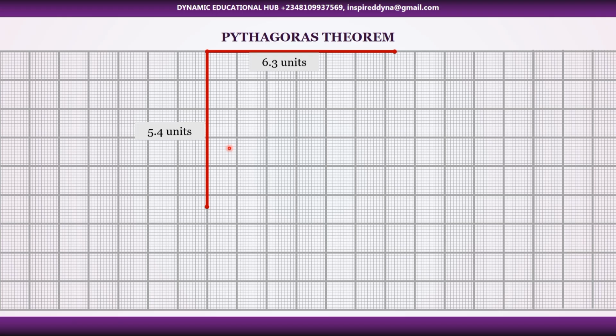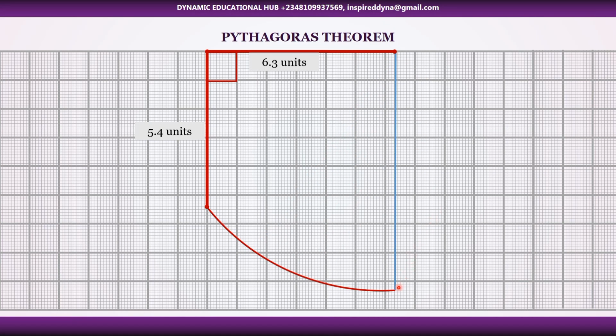So let's join the two ends together. So we have a right angle triangle. To measure this length as well, we need to rotate it. So let's rotate it to form an angle, and we can find the length as well. Rotating it, we have something like this here.